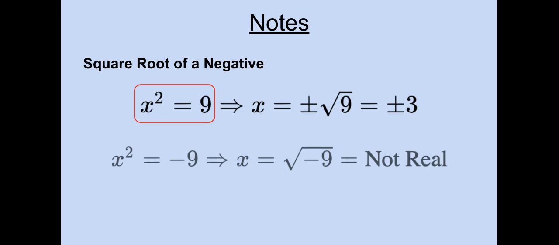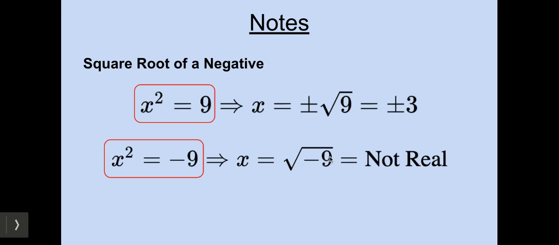Well, what if I had x squared equals negative 9? So now I'm asking what number, when I square it, gives me a negative? Well, we learned that when you square a number, it's always positive. So there isn't a real number that I can square to get a negative number, right? There just aren't any real numbers that do that. So you'll see if I square root both sides, oh, there should be a plus or minus here.